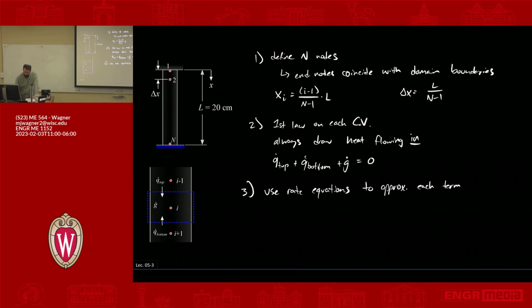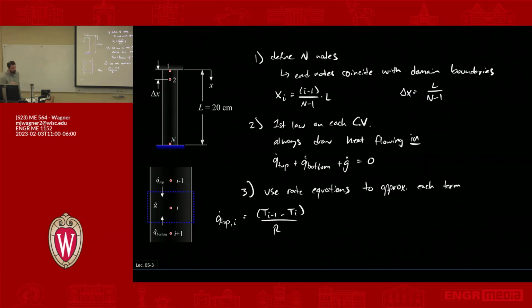So let's start with Q dot top. All right, so Q dot top, comma I, is going to be, let's use a resistance approximation to calculate this. So we have the driving temperature difference, which is going to be T at I minus 1. Right, we're starting at this node, and we're going to this node, so then it's minus Ti, divided by the resistance between those two nodes, right?